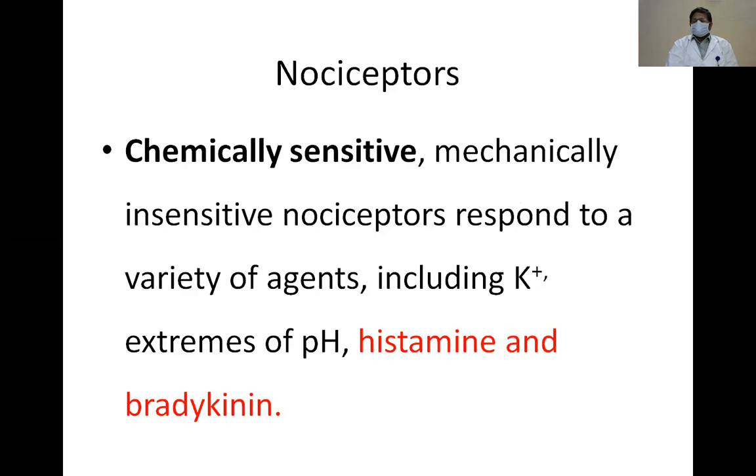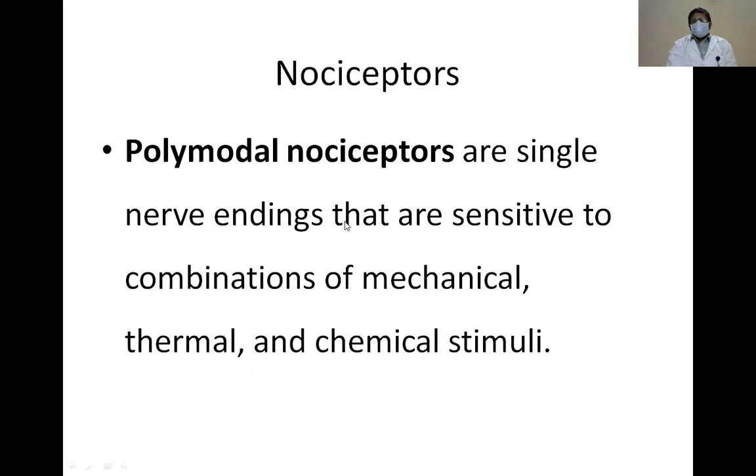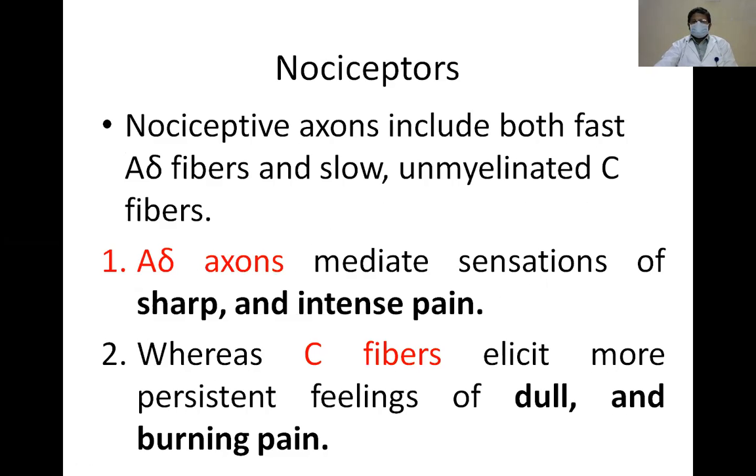The Lewis factor is the combination of adenosine, potassium, and lactic acid. These receptors respond to potassium, extremes of pH, histamine, and bradykinin. Then polymodal nociceptors are single nerve endings sensitive to a combination of mechanical, thermal, and chemical stimuli.